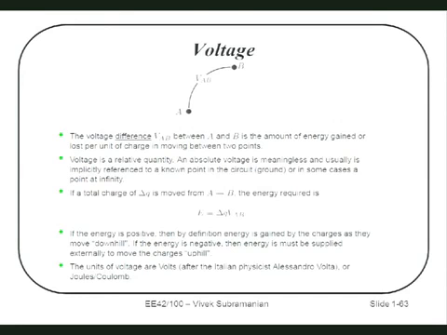It is a difference because it represents, let's say I were to take a unit of charge, which is a coulomb, and I were to move it from point A to point B, where point A is at one potential and point B is at another.